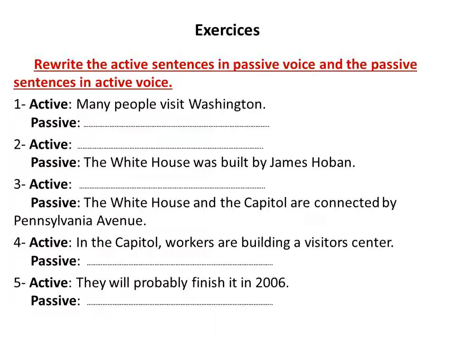Number 4. In the Capitol, workers are building a visitors center. How to make it passive? We will start with the object, then the correct form of verb to be, and after that, the past participle of the verb.